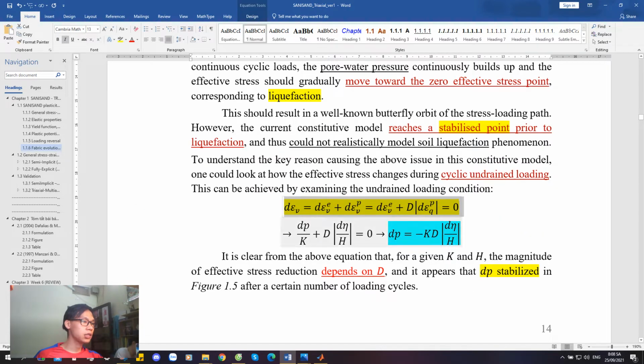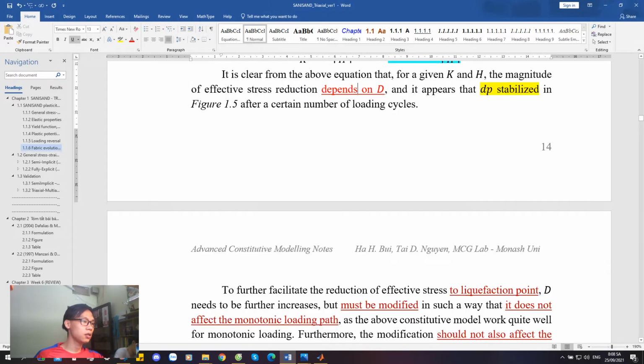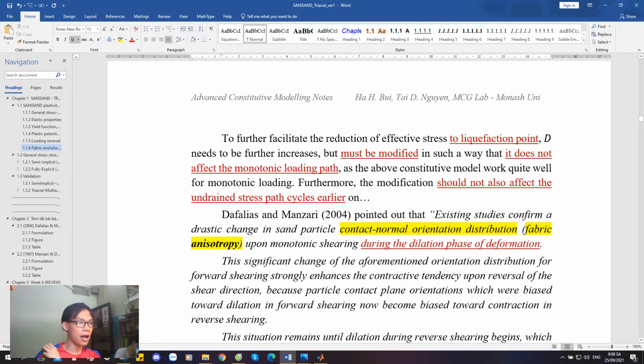Dafalias and Manzari just use this formulation. We have this long V because it's 0, so this will be EVB, BVB 0, division K, and dilation C, the 8, so it's focused on D. If you want to change DP, you have to change D, depending on D. So now for the next.